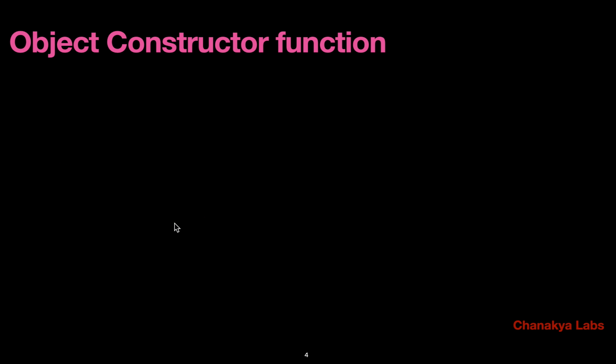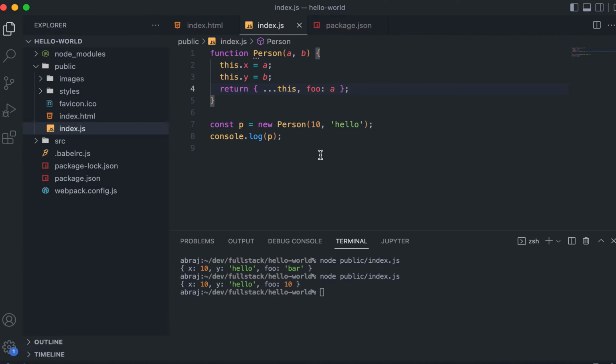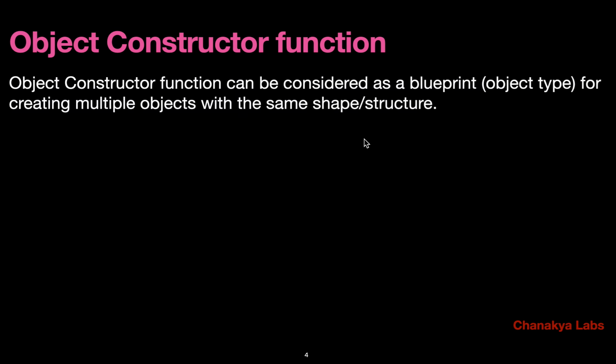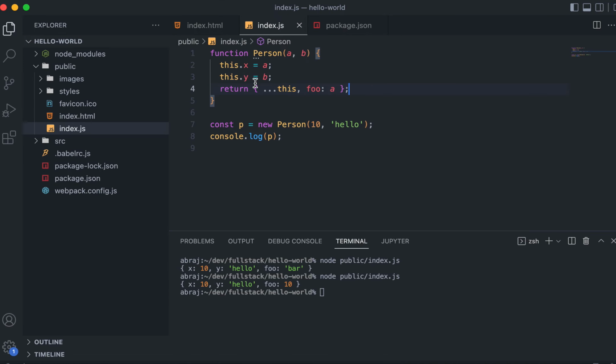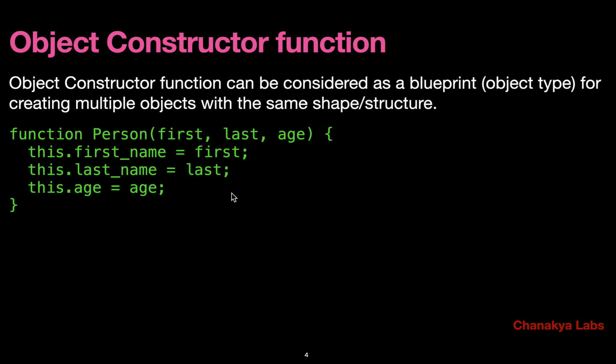Next, an object constructor function can be considered as a blueprint. Why are we doing something like this? We are doing this so that we can create a shape or a structure for multiple objects to be created with the same shape or structure.